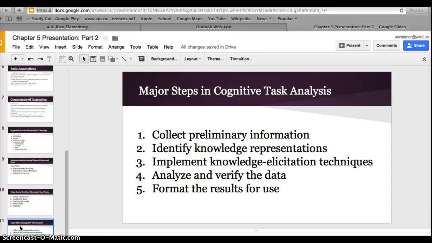Then the instructional designer categorizes and summarizes the data and presents results. The final step is to format the results for use. The content task analysis is used to analyze job components in various situations.